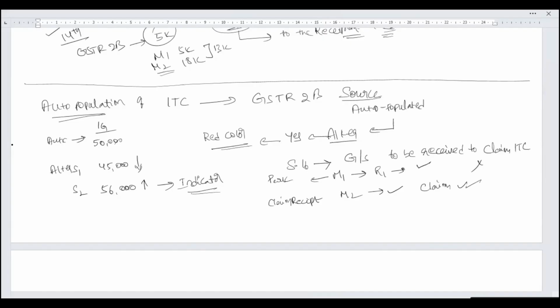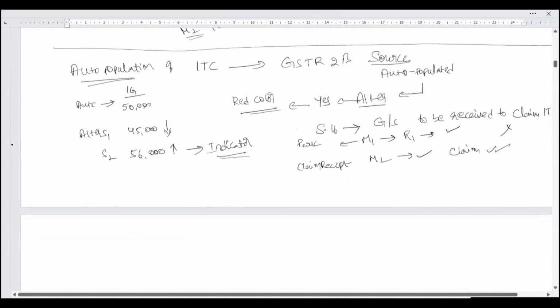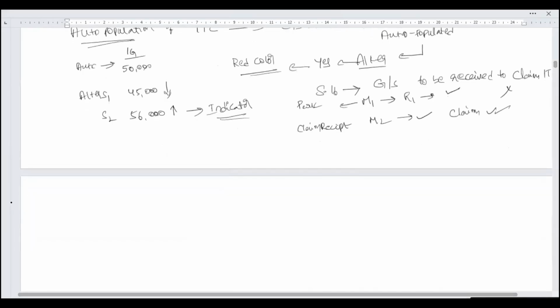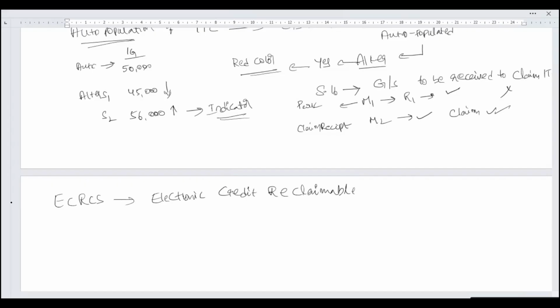Now to address this, they brought one more window, which is called ECRCS, the Electronic Credit Reclaimable Statement.